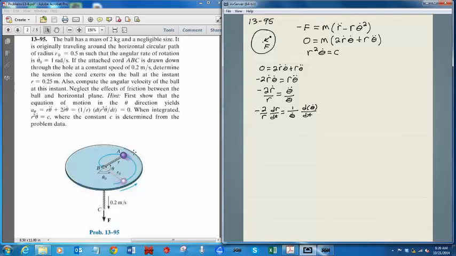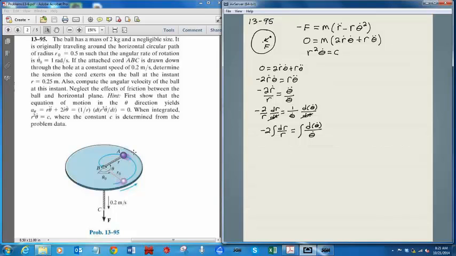Alright, so now what I'm going to do is cancel the dt's, and so what I'm left with on the left hand side, now I'm going to put in an integral, is a minus 2 integral dr over r, and then over here this is going to be the integral of d theta dot over theta dot.